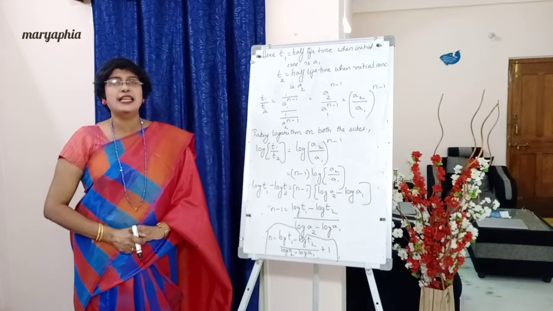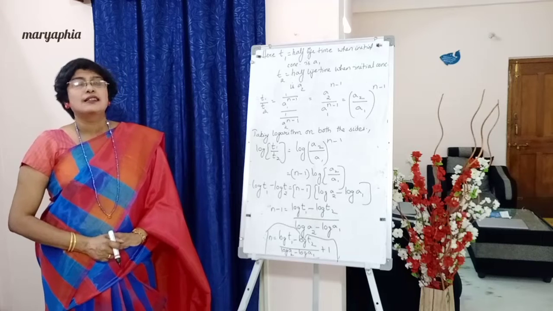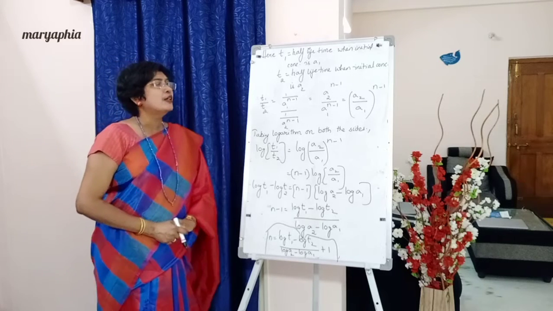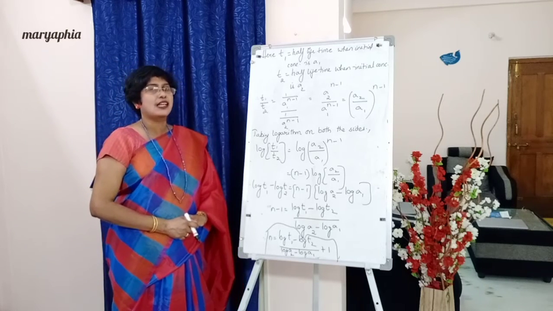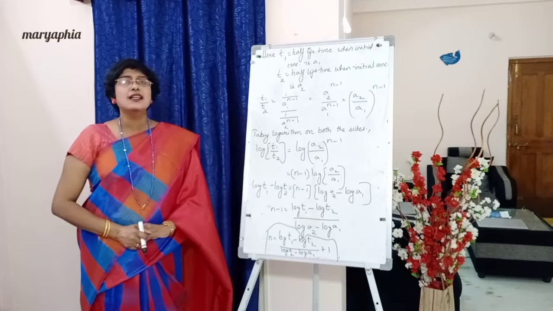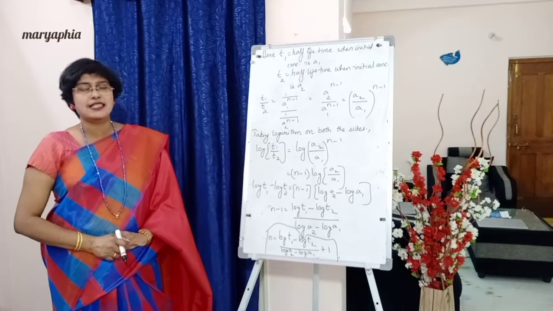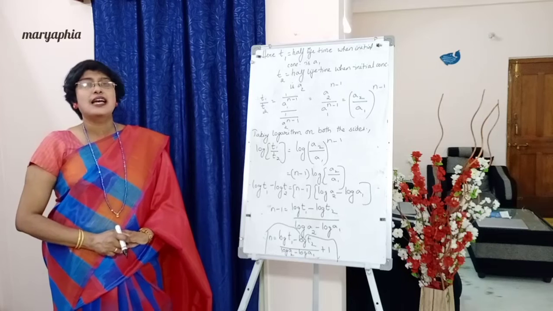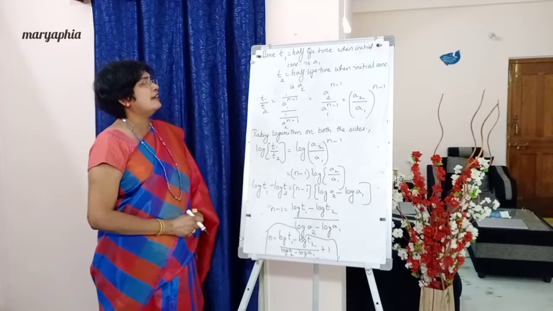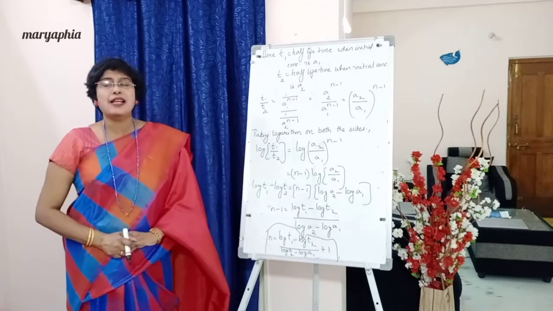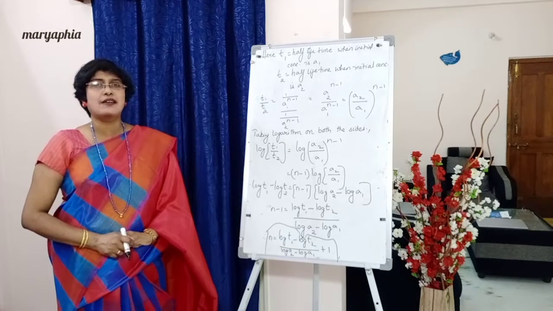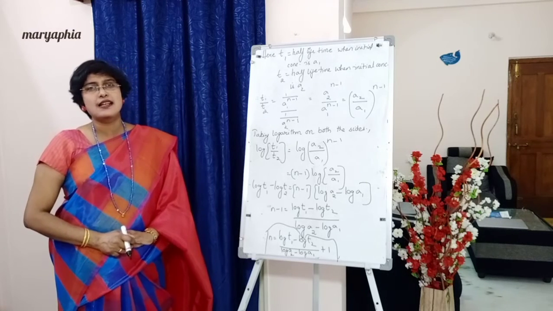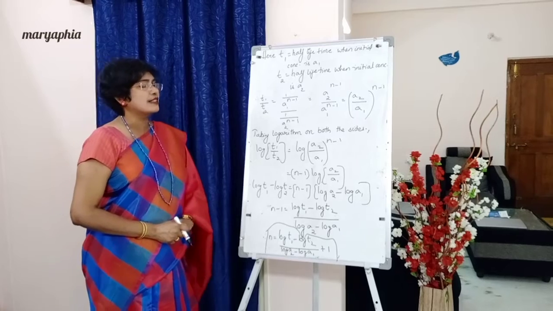Below, t2 is the half-life when initial concentration is taken as a2. So, two different initial concentrations, a1 and a2, and the half-life at a1 is t1. Half-life for initial concentration a2 we have taken as t2. Okay, understood now?